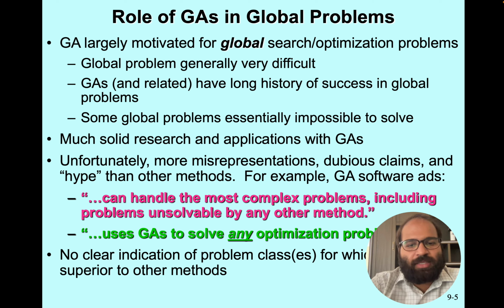In recent days, several customized versions of genetic algorithm incorporated with other bio-inspired algorithms are also taken into account. There are misrepresented claims that it can handle the most complex problems, including problems unsolved by any other method, but that is a myth. Even the genetic algorithm fails at times; its success rate is high but not complete.